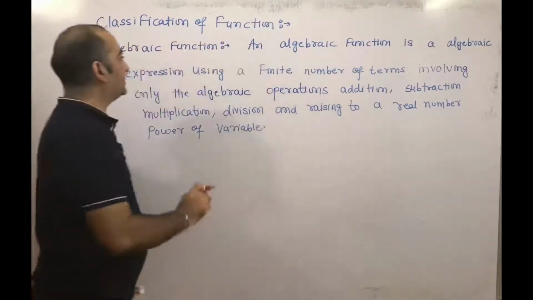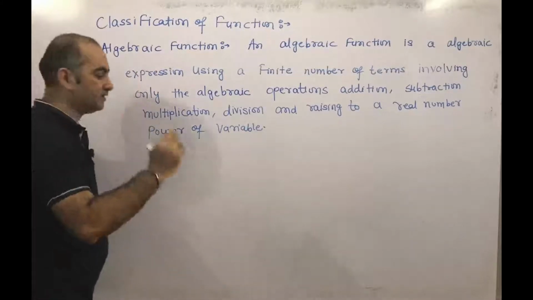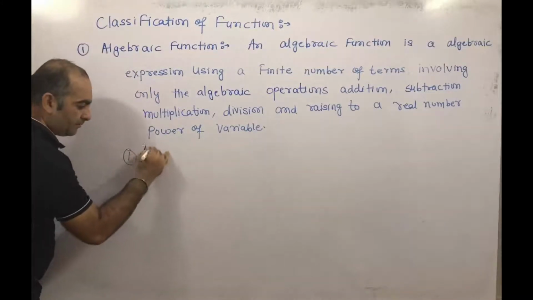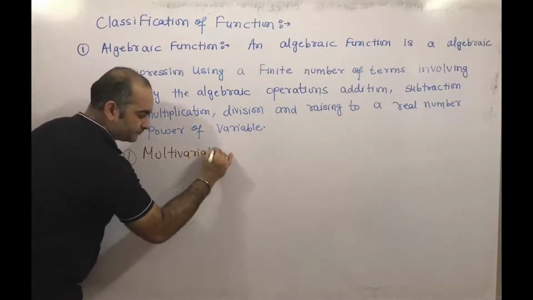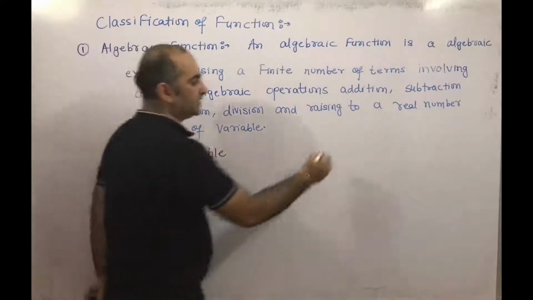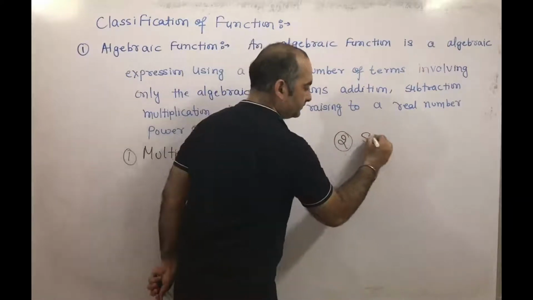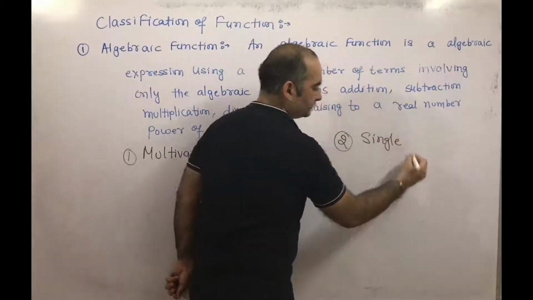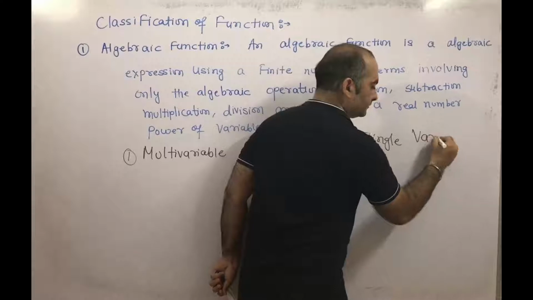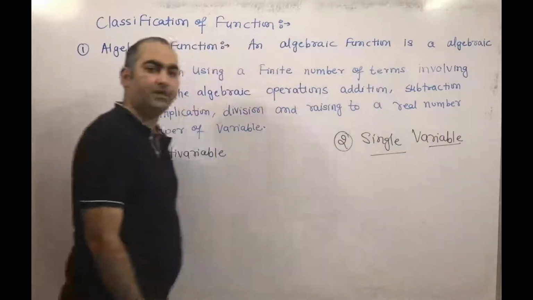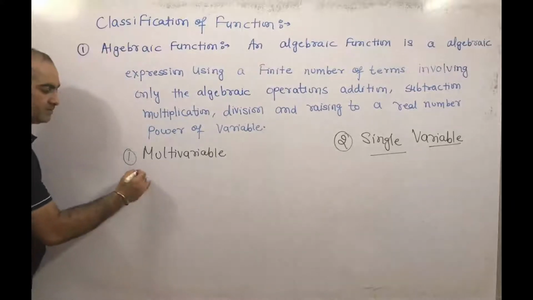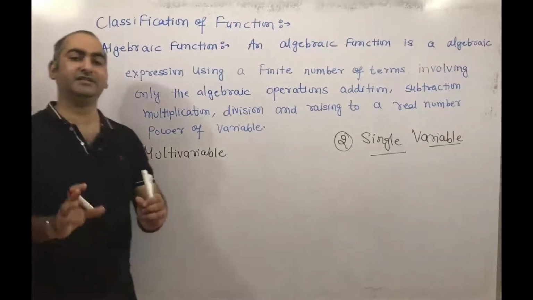So one is multivariable and second is single variable. First is multivariable. For multivariable I'm discussing an example only.